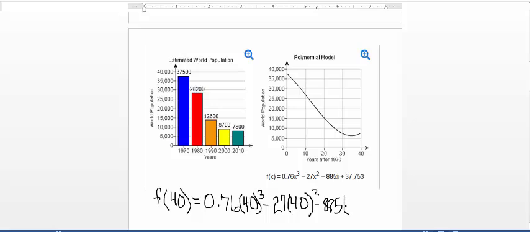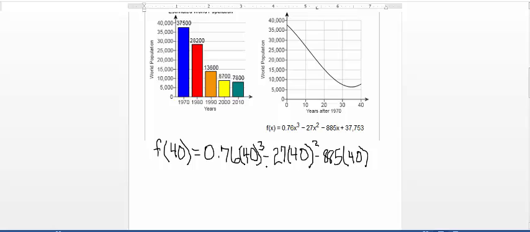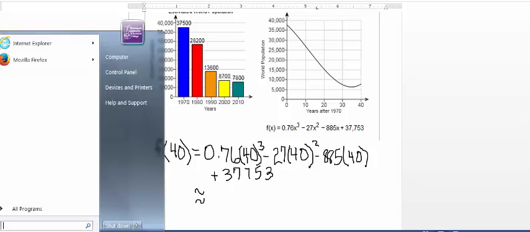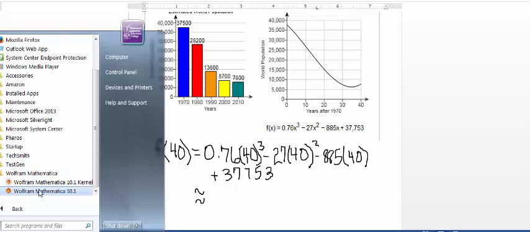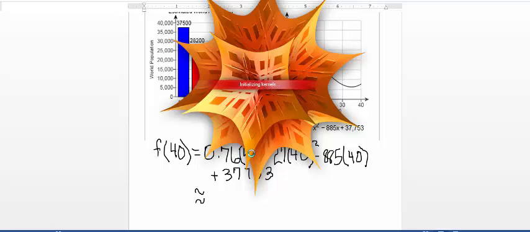So if you were showing how you got your answer, this is the work that you would show. And you would let your calculating device do the rest of the work. I'm going to use Mathematica.